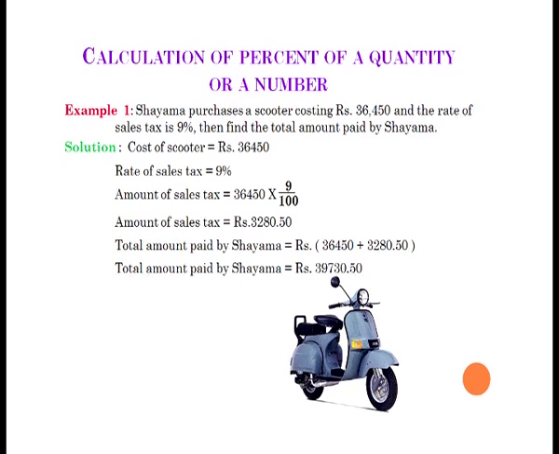Total amount paid by Sam is rupees 39,730 and 50 paisa. So, to purchase the scooter, Sam will pay a total of 39,730 rupees 50 paisa.